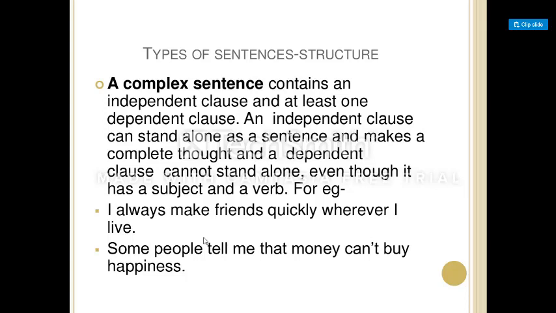So for example, because he wouldn't wear a seat belt, he was not allowed to enter the stadium with his car.